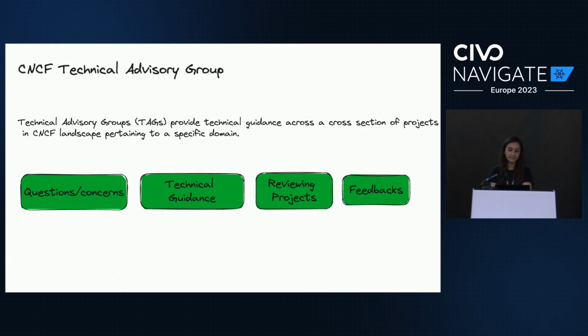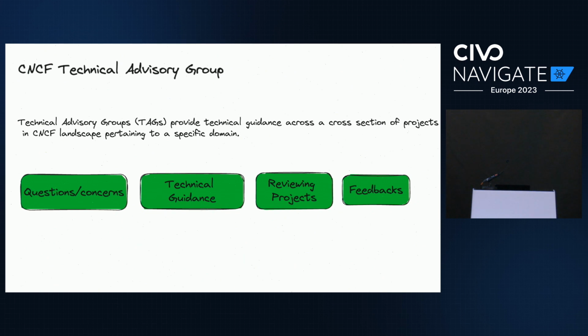Before moving on to CNCF TAG Environmental Sustainability, I would like to tell you what a Technical Advisory Group is. Technical Advisory Groups come under the TOC, and they provide technical guidance across a section of projects in the CNCF landscape. They guide you on which project should come under which TAG group.